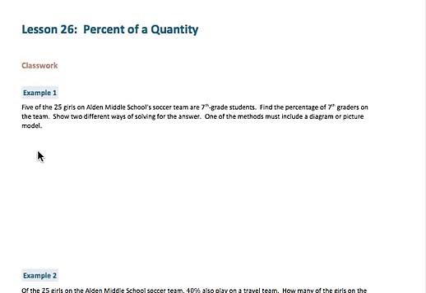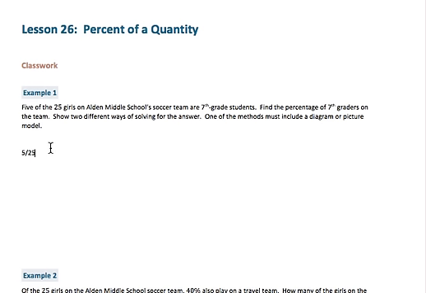So we'll start off by making equivalent fractions. They told us that 5 out of 25 girls are 7th grade students, so our original fraction is 5/25. Then they ask for the percentage.